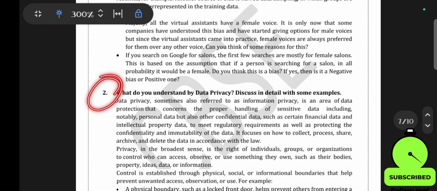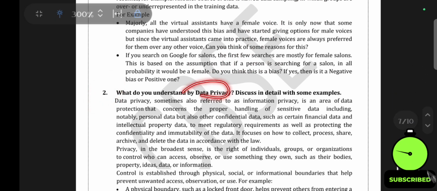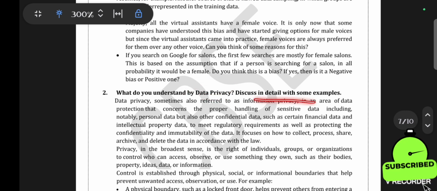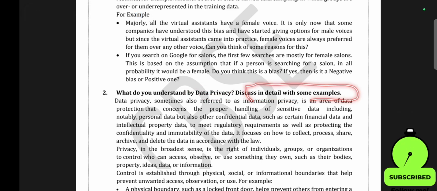Question 2. What do you understand by data privacy? Discuss in detail with some examples.